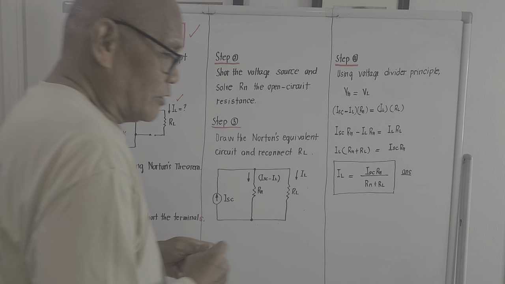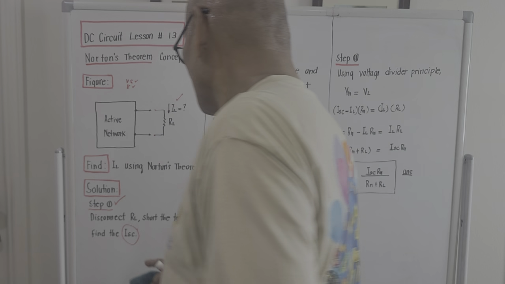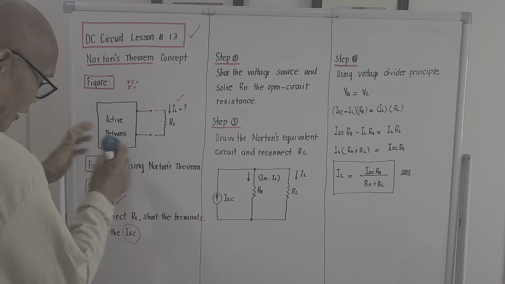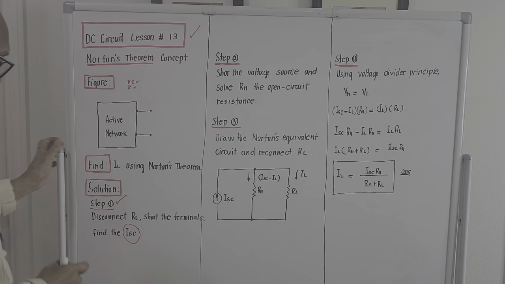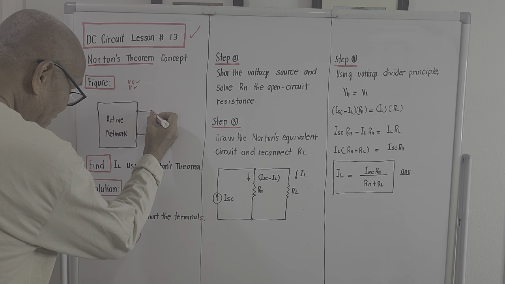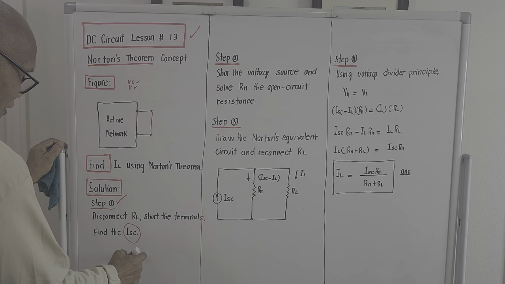Okay, I will try to get my eraser. Excuse me, because I want to draw something here. So step number 1, disconnect RL. We will remove RL. Then it says we short the terminals. Then find the short circuit current.